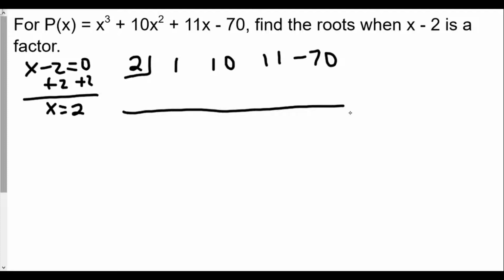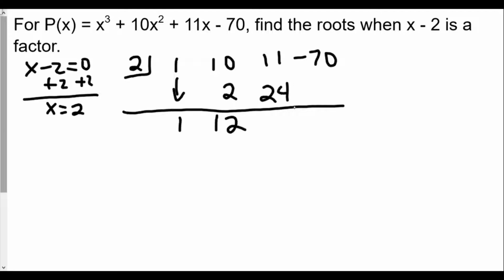We always bring down the first number, and from there, any number we find, we're going to end up multiplying by the root, and then putting that product onto the line there. So 1 times 2 is 2, and from here we're going to add. So 10 plus 2 is 12. 2 times 12 is 24, so we put that up here.